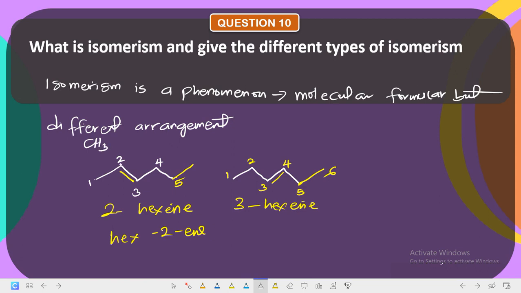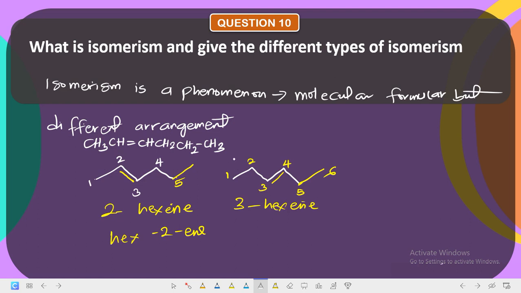This carbon has just 1 hydrogen, so this is CH, double bond. This carbon also has 1 hydrogen, CH again. This one has 2 hydrogens, CH2, and then CH2 and CH3. Now this is the molecular formula of this compound.